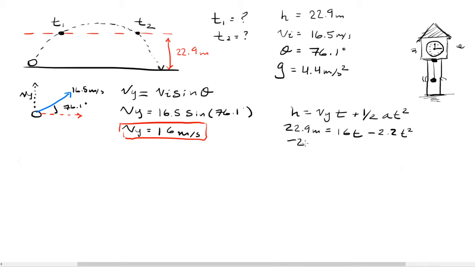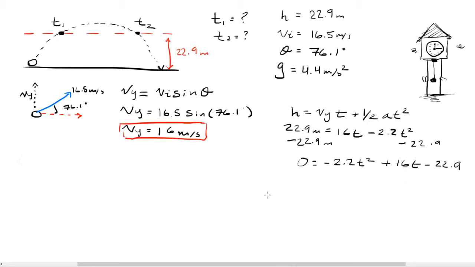We're going to subtract the 22.9 meters from both sides, because we're setting up this equation so that we can solve with the quadratic formula. So the final general form is 0 equals 2.2 times t squared plus 16 times t minus 22.9.